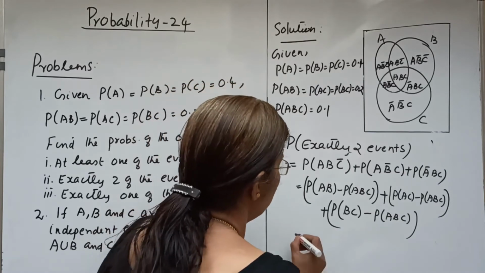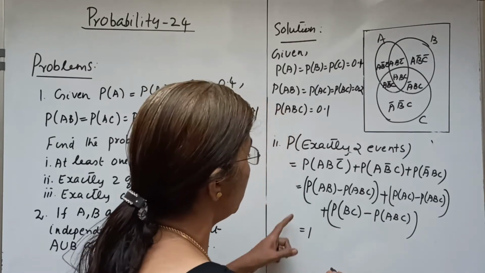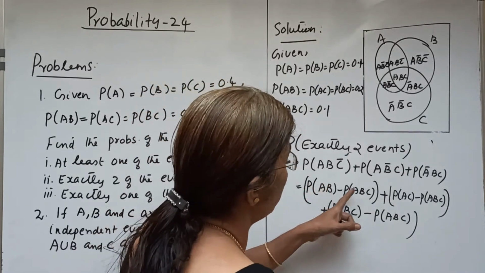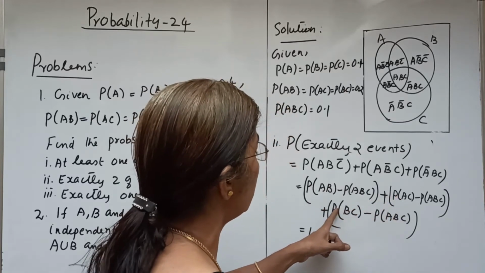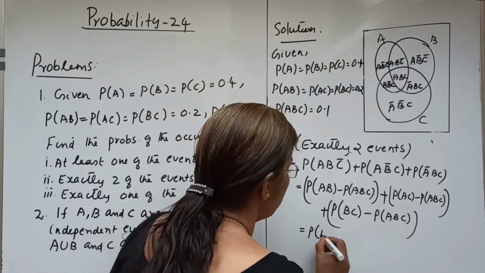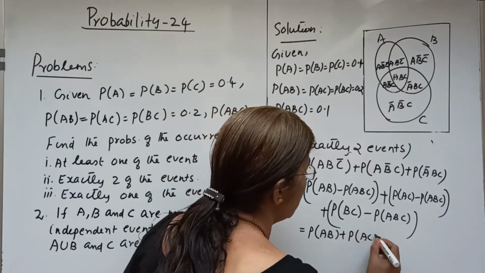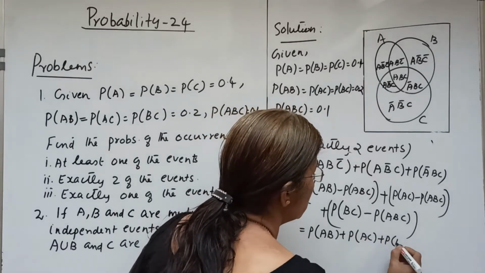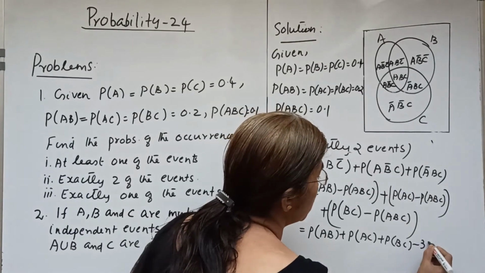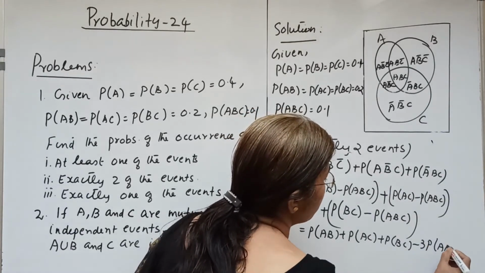That is, this can be obtained as P of AB plus P of AC plus P of BC minus 3P of ABC.